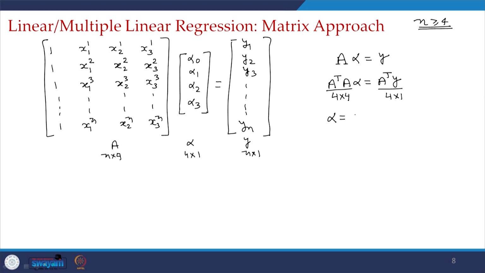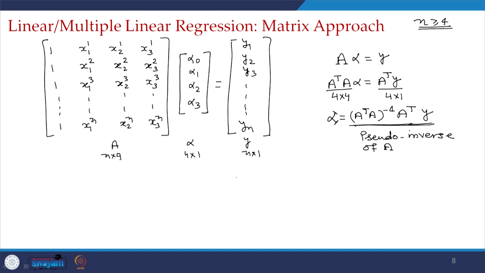So, alpha will become A transpose A inverse into A transpose y, where this is called the pseudo inverse of A. And by solving this, because A is given to you and y is given to you, you can easily find out this value. This will be your alpha.